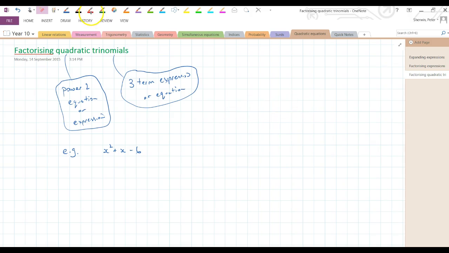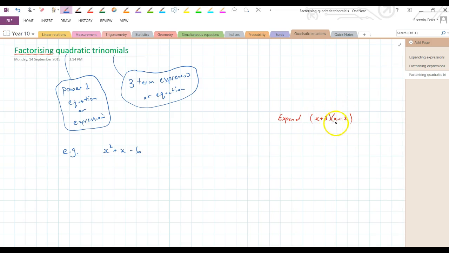In order to do that, I want to take you through an expansion, which, as you know, is the opposite of factorization. So let's just come over to the side here and let's expand x plus 3 and x plus 2. Now in order to expand that, you've been doing a bit of this lately, you've got to go FOIL, haven't you?